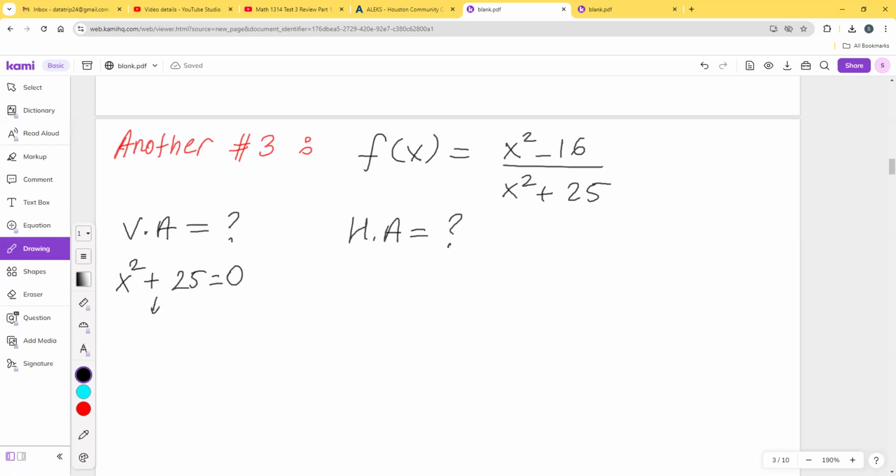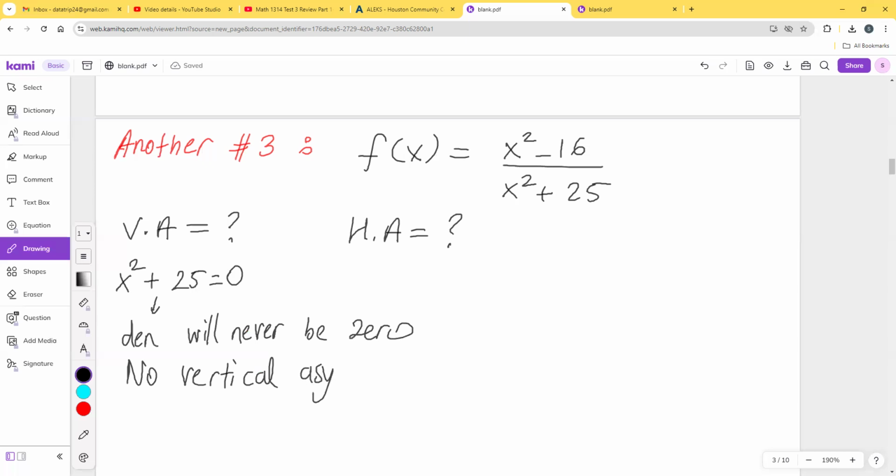So the denominator will never be 0 for any real number. That means there is no vertical asymptote, because there's no x which makes the denominator equal to 0.